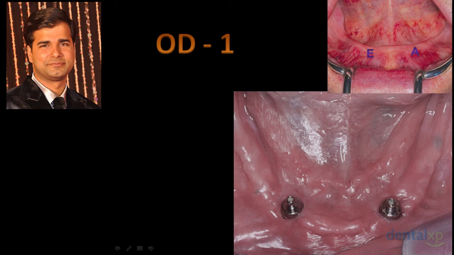Another problem is, if we join the A and E implants, the bar is straight and not bent. Therefore, it occupies a more lingual position. If we join a bar here, it occupies a more lingual position, and it also increases the flexibility of the superstructure.